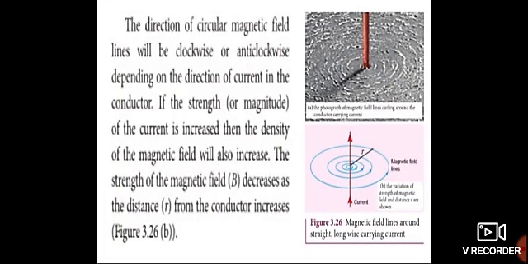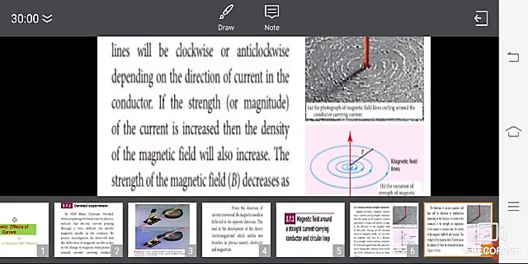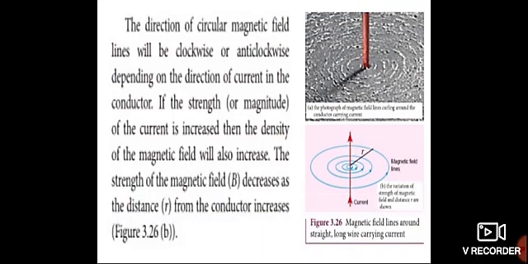And if the strength of the current is increased, then the density of the magnetic field will also increase. Then the strength of the magnetic field decreases as the distance from the conductor increases. The distance of the magnetic lines from the current carrying conductor is denoted by the letter R. If the distance R increases, the strength of the magnetic field decreases.